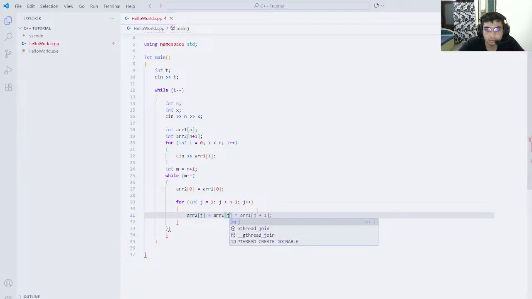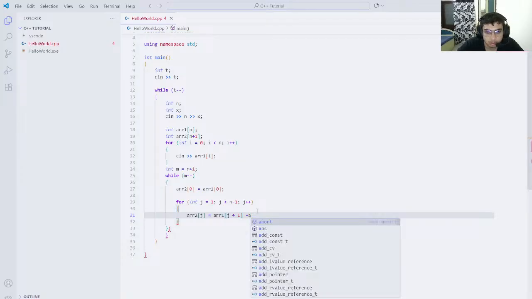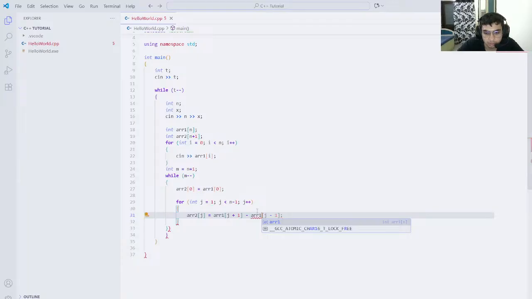No, no, there's going to be j plus 1 minus ARR1[j], because it's going to be doing the first one, 2 minus 1.